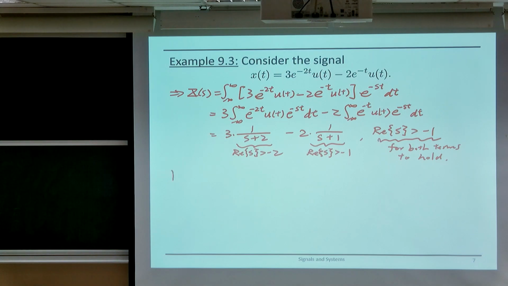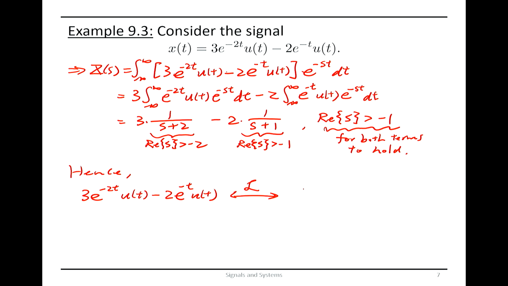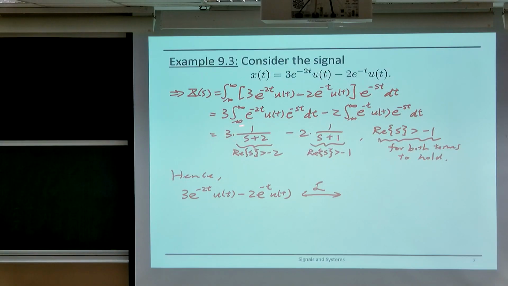So hence, we get the Laplace transform pair where 3 times e to the minus 2t u of t minus 2 e to the minus t u of t forms a Laplace transform pair with the combination of these two terms, which you can combine together to get s minus 1 over s squared plus 3s plus 2.